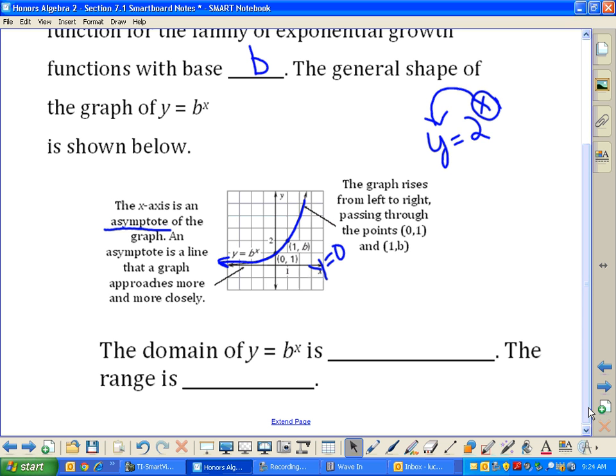Go ahead, Danny. You said it starts at x equals 0, which means it starts right there and goes to infinity? Or are there values over here too?